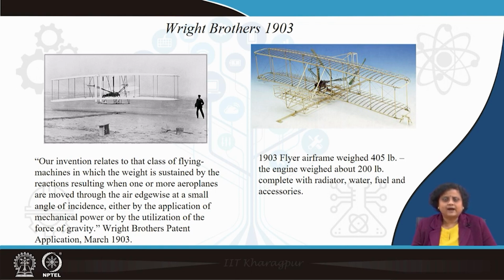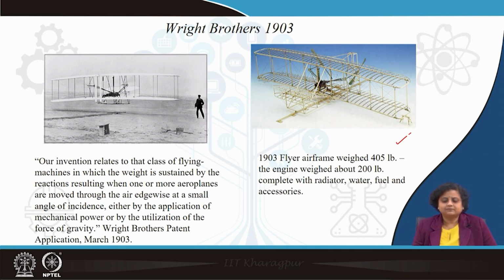They also had a biplane as developed by Chanute, and on the right hand side you can see the schematic of the airframe that was designed by the Wright brothers.